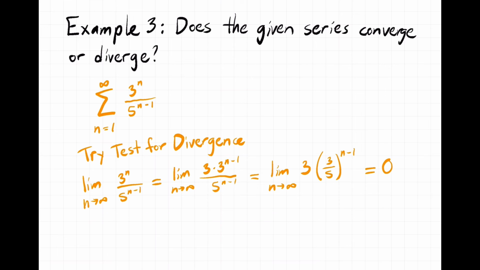So again, the test for divergence does not tell us anything when that limit is actually 0. It is inconclusive.